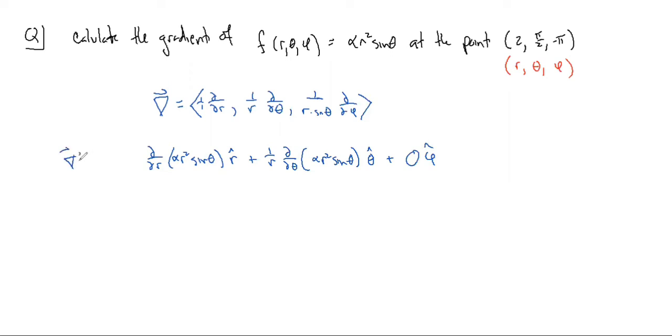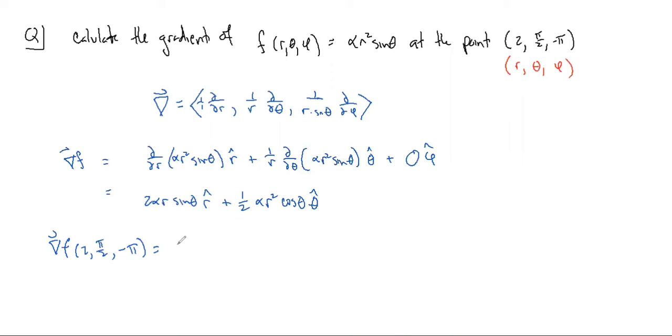And this is grad f. Then grad f, we get 2 alpha r sine theta r hat plus 1 over r d by d phi, so we get alpha r squared cosine theta theta hat. And then we want to evaluate this at the point 2, pi over 2. I don't care about phi, because there is no phi.